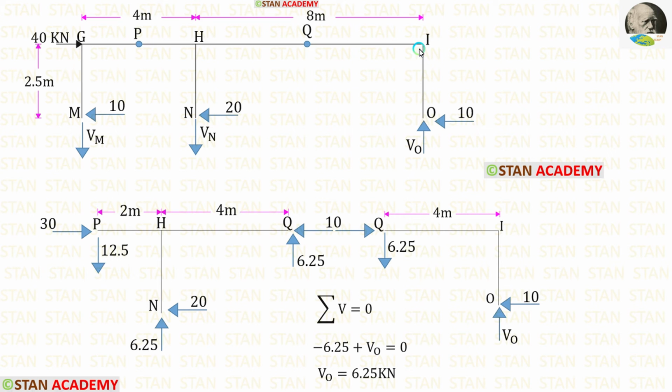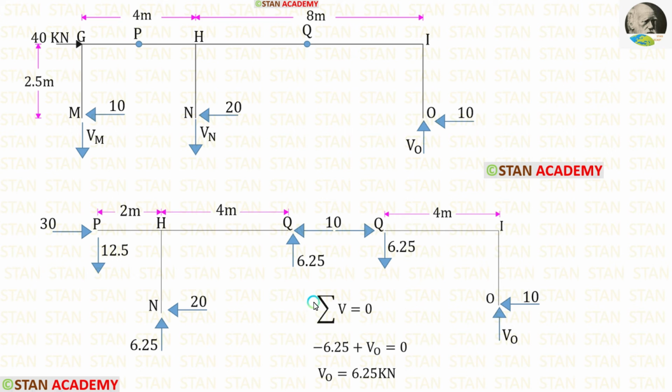Now let us take the joint I. Here we have the members IO and IQ. In the point O, we have already calculated the horizontal force. Only we have to find the vertical force. We know that in the point Q on the right side, these two forces will be acting in the opposite directions.